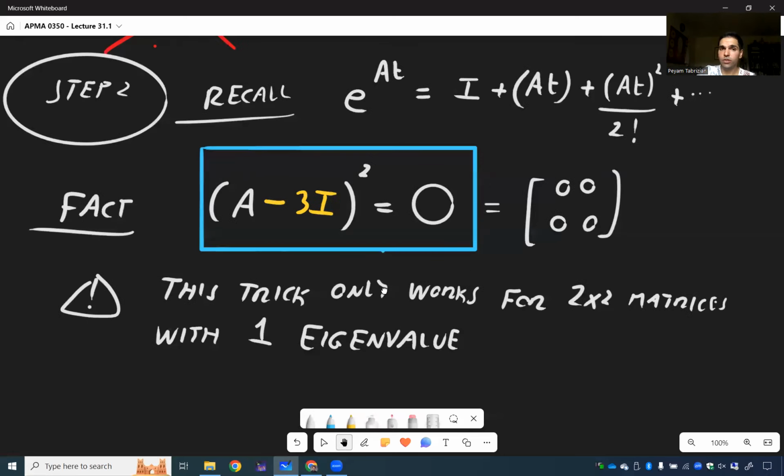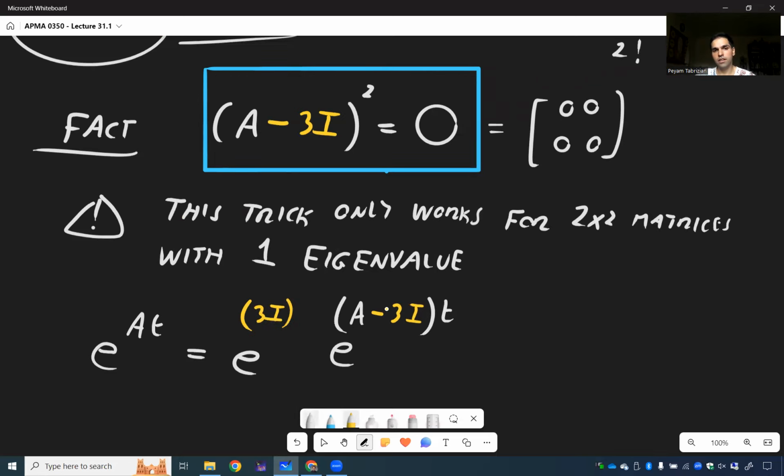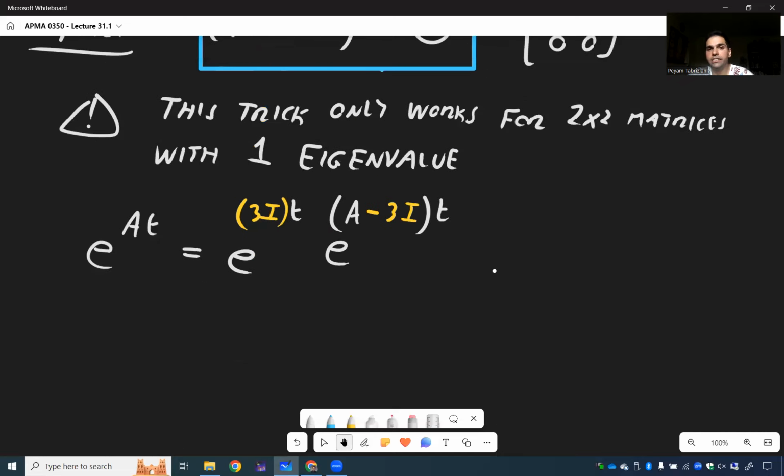Well, let's start with e to the At, because that's what we want to calculate. And we do want the A minus 3I to appear here, but again, we have this t. To remedy that, we need to multiply by e to the 3It. Now, you can use the definition of e to the 3It, and it turns out this is the same as just multiplying by e to the 3t.